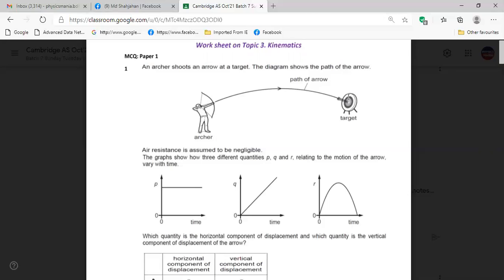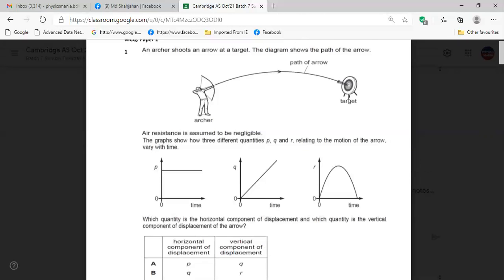Sir, this one, like the second one. Yeah, second one, correct. So this one is showing us Q, right? Q is the horizontal component of displacement. Navid, you understood? Yes, sir. Clearly understood.